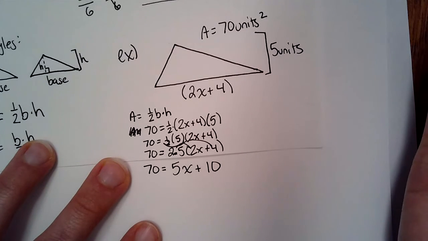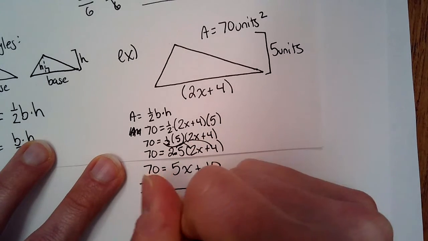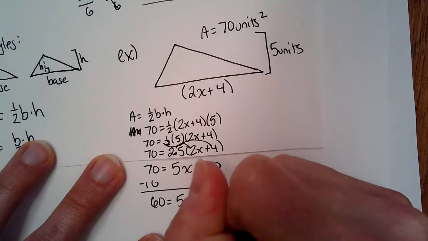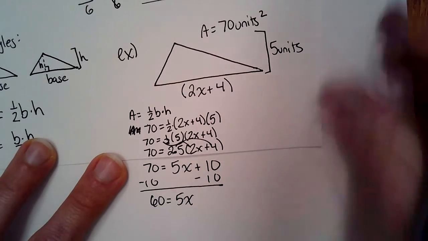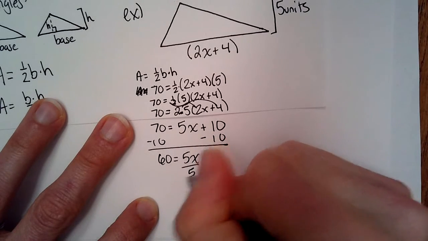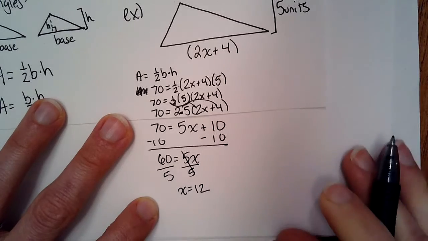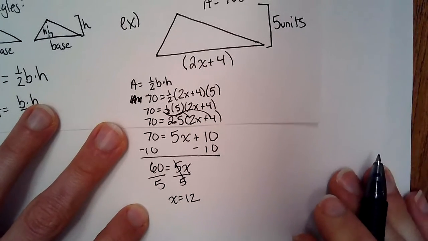So now all of a sudden we have a much easier equation to work with. So I'm going to go ahead and finish, subtract 10 from both sides. 60 = 5x. And then I'm going to divide both sides by 5. x = 12.